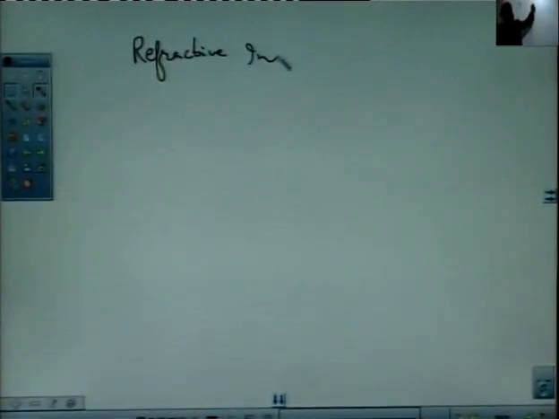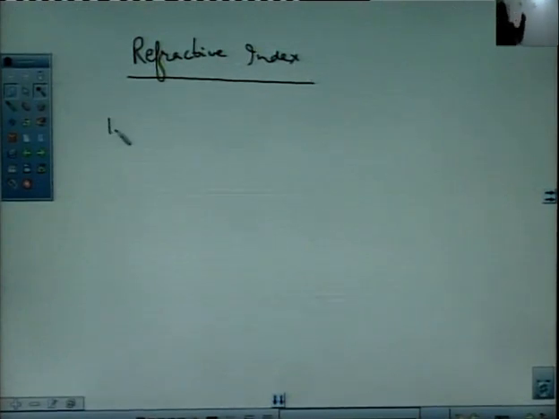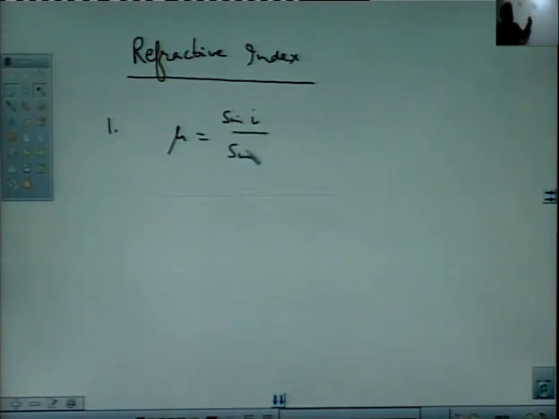Now, we elaborate the term refractive index. One definition, it is ratio of sin I over sin R, that is from Snell's law. Another definition is, it is the ratio of velocity of light in vacuum to the velocity of light in medium.